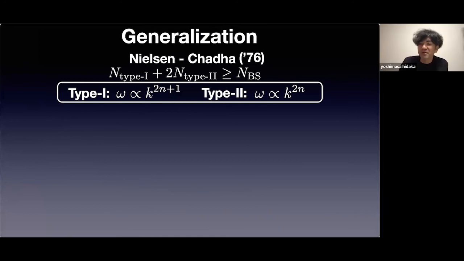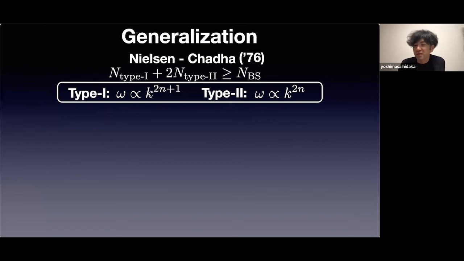You can construct some exceptions, an artificial system where the dispersion relation is type 1 but the mode is type B, or the reverse.